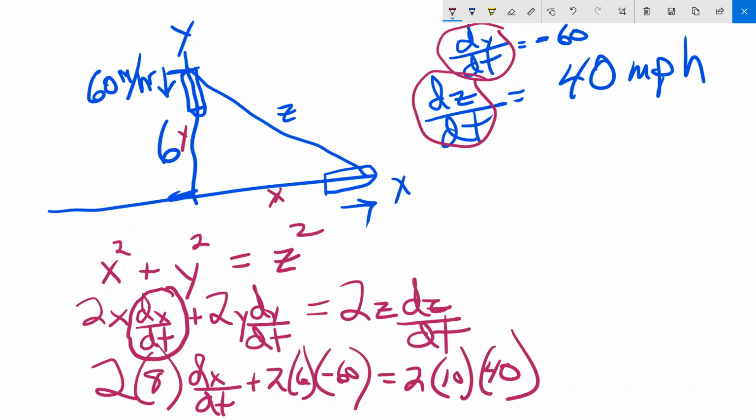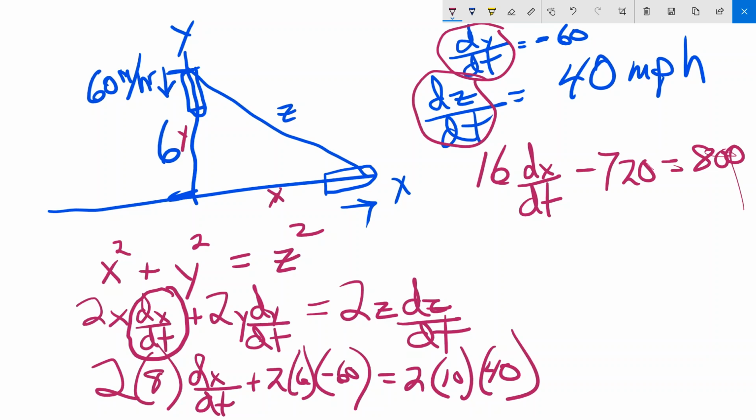So what do we got? We got 16 dx/dt minus 720 equals 800? No, 400. 2 times 10 times 40?